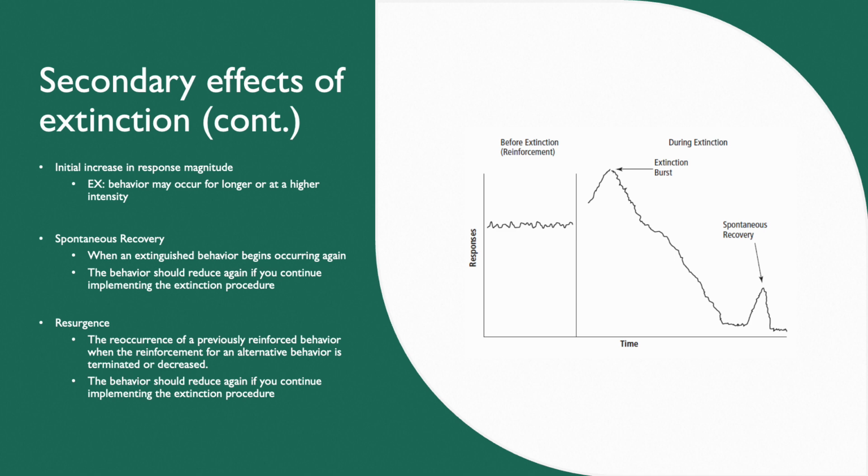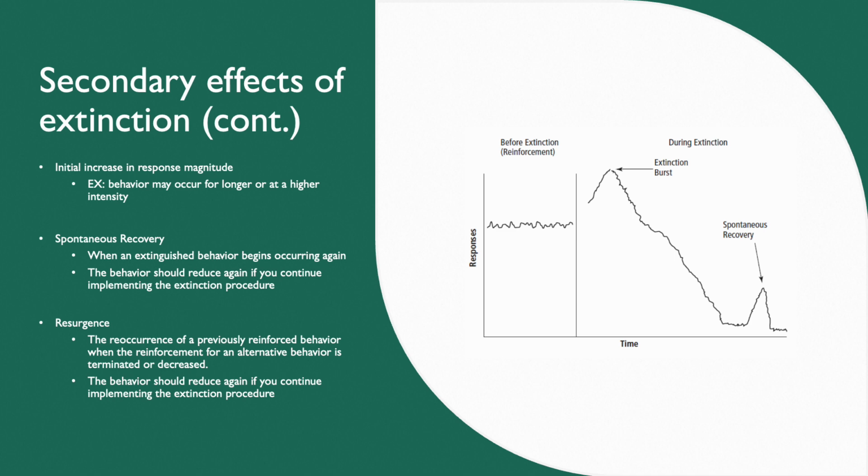So the magnitude of a behavior can vary widely. It can be the duration of the behavior. It can be a more intense behavior. Maybe if you're working on vocalizations, it can occur at a higher volume. Basically, any form of the behavior can be increased. The magnitude can be increased.